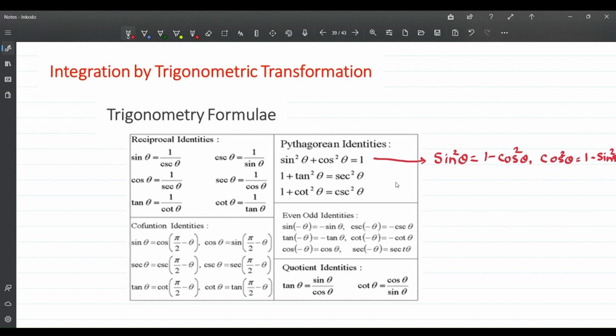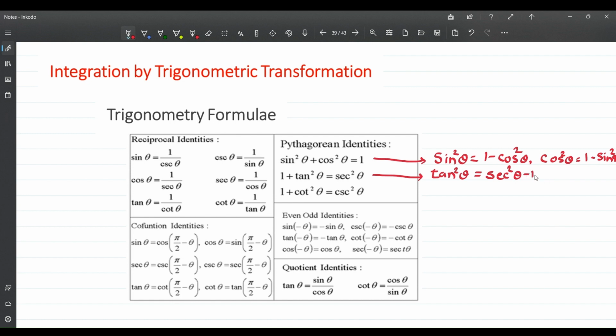Okay. Second fundamental identity, which is very important in this unit or in this chapter: 1 plus tan square theta is equal to sec square theta. From this identity, the formula for tan square theta is sec square theta minus 1.